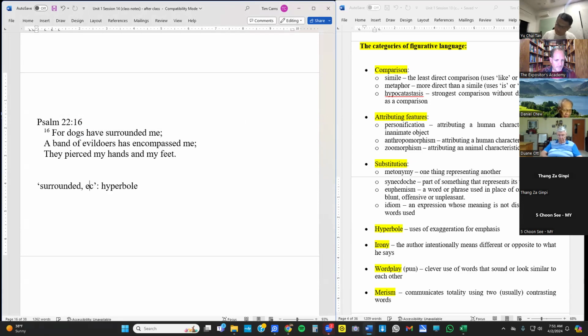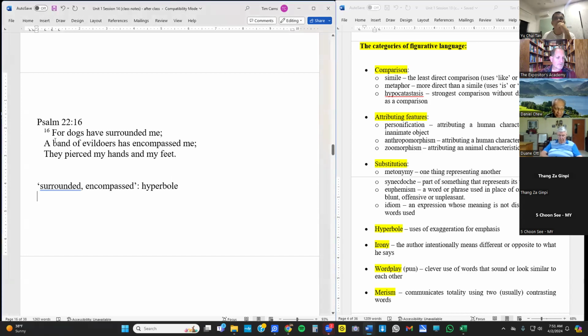Surrounded, encompassed. And then a band of evildoers has encompassed me. I think this is literal, probably, because as you face your enemy, that's what their intent is. So probably this is literal.